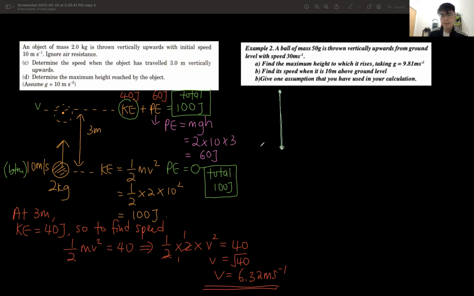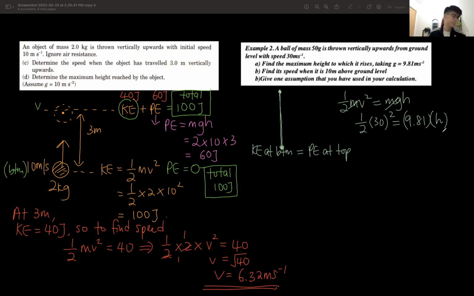Okay, then we can say the KE at bottom is equal to the PE at top. Cross, we get half times 30 squared equals 9.81 times H.